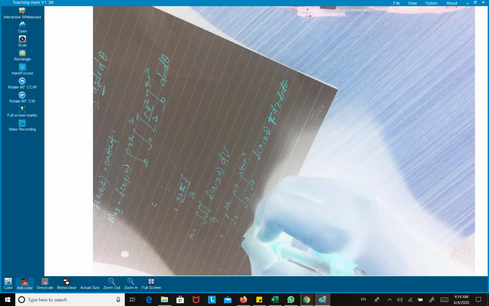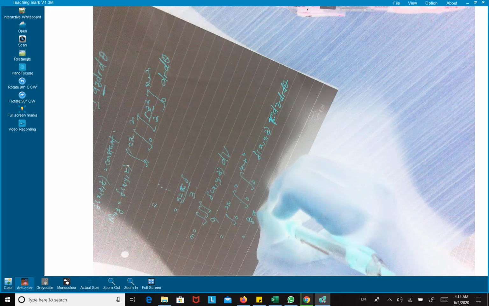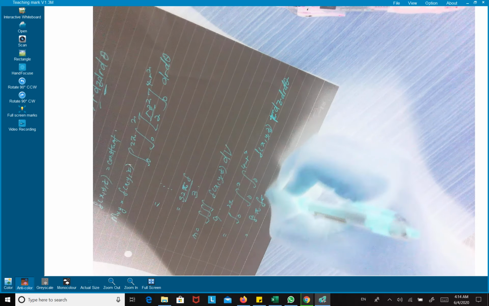If you solve this, you can take out the delta, you will get 8 pi delta. So this delta is the density.